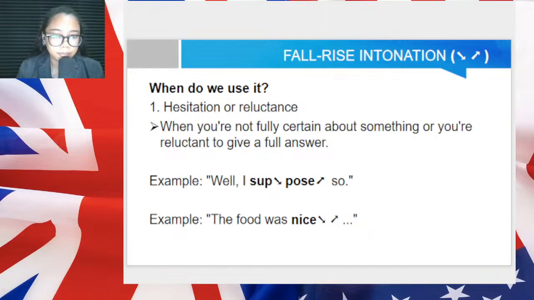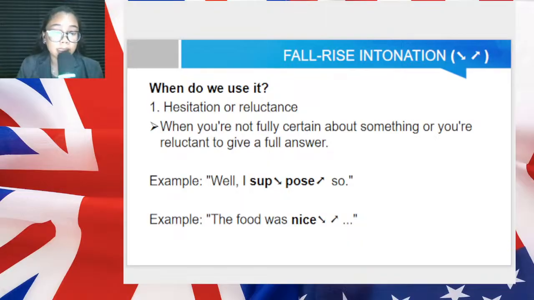As the slide precisely states, this usage occurs when you are not fully certain about something or you are reluctant to give full answers. So that's when we use it. Let's meticulously unpack these two facets. When a speaker is not fully certain, it implies an internal state of cognitive reservation.